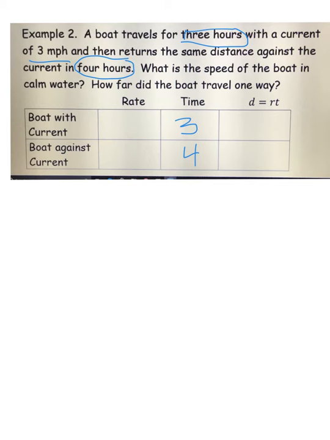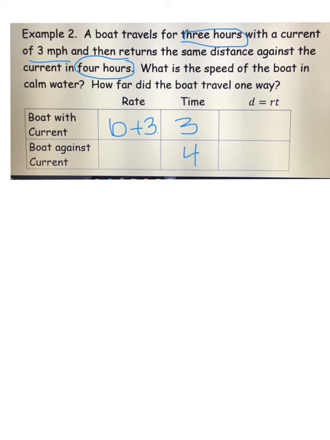Let's see, the rate. We know that the speed of the boat is the boat plus the current. Wait, the speed of the current is 3. Let me fix that. I want to use the variable B: the speed of the boat plus the speed of the water. The speed of the water is 3.